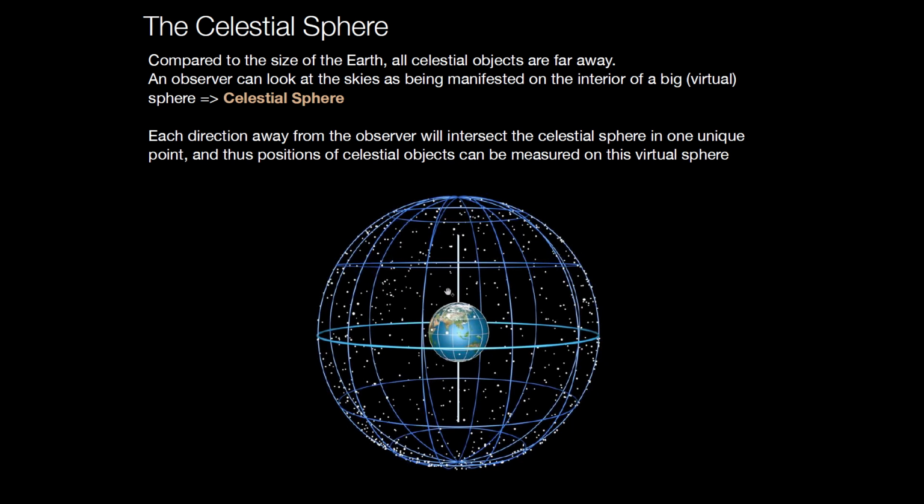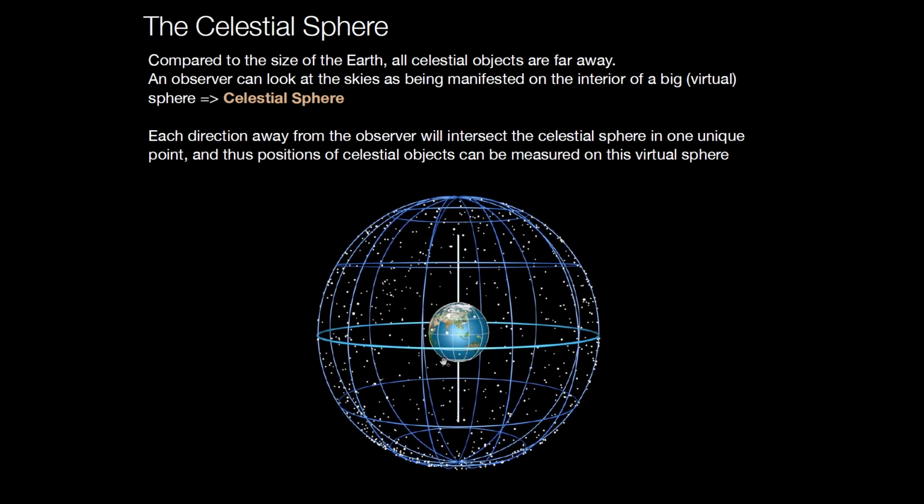Obviously, they're not in real life, they're all completely different distances. But in terms of the directions on the sky, you don't lose any generality as long as the objects are far enough away. So you don't have to worry about parallax, and you can make this approximation that it's as though all of the stars are sat on this imaginary celestial sphere.